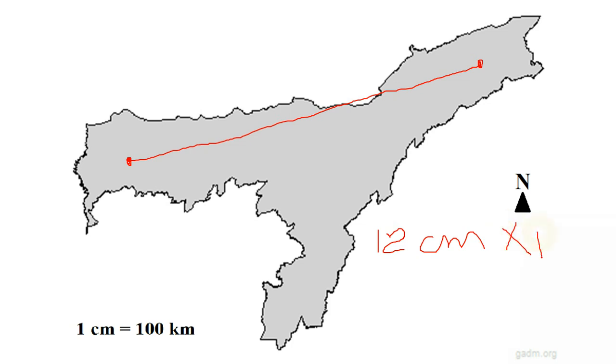So 12 into 100, that means the distance between these two places is 1200 kilometers, right? This is not the actual distance, I am just giving you an example.